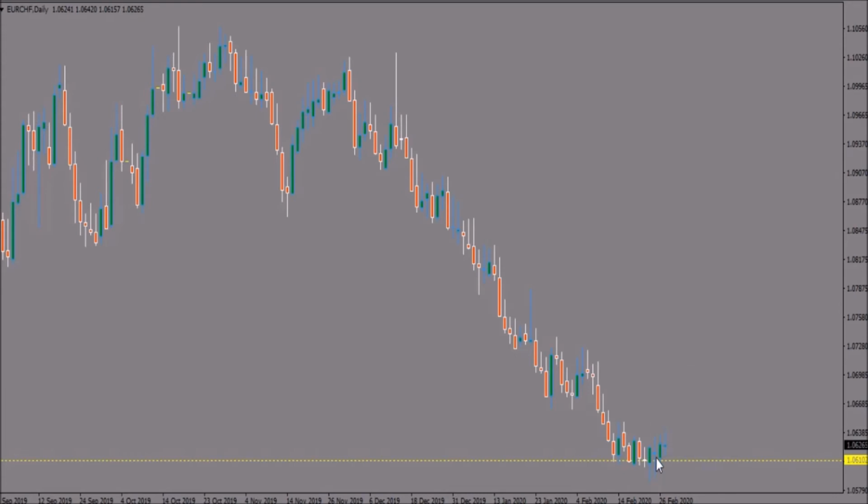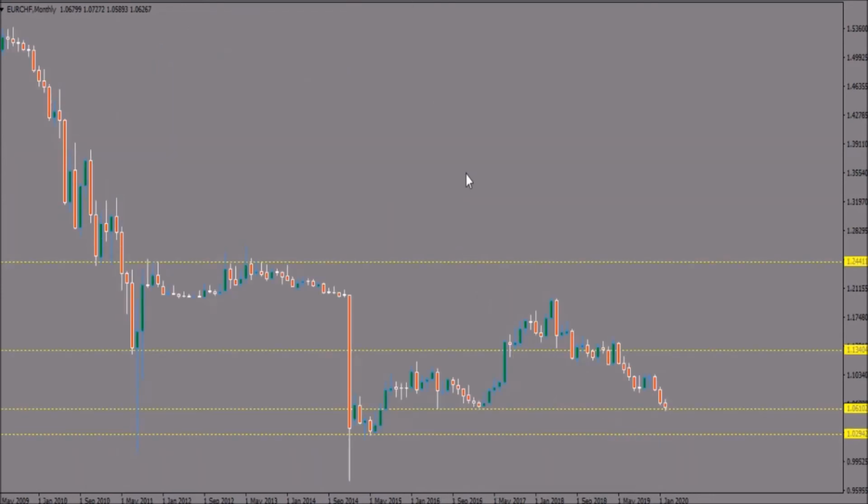Look, up, up, up. So it just keeps on touching that. Now I can say, considering everything that's going on in the world right now, it could technically come back down into this zone here, and hit this line and go back up. But I believe that it's going to go up because it's trying to do it already.